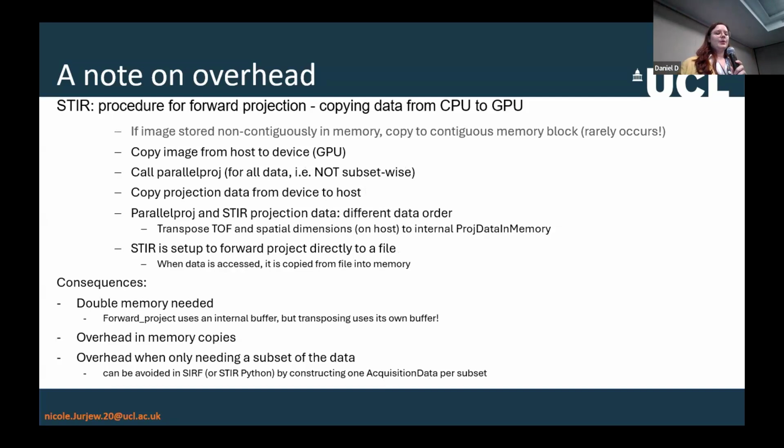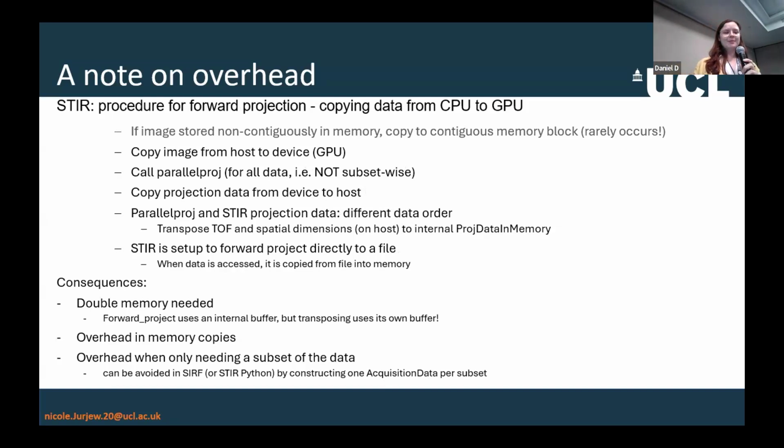And also when you only need this for a subset of the data, there's overhead because you always do the full forward and backward projection and then just access a subset of the data. So this is just to explain why on the next slide some numbers maybe don't go linearly.